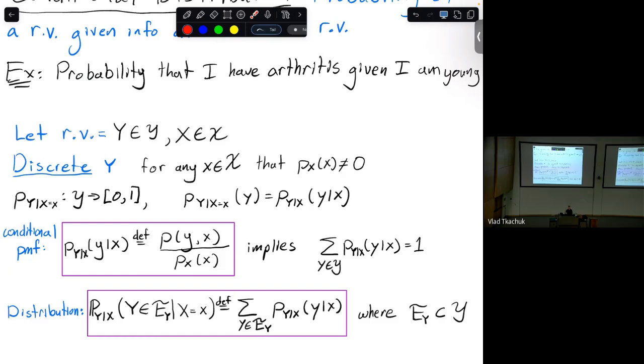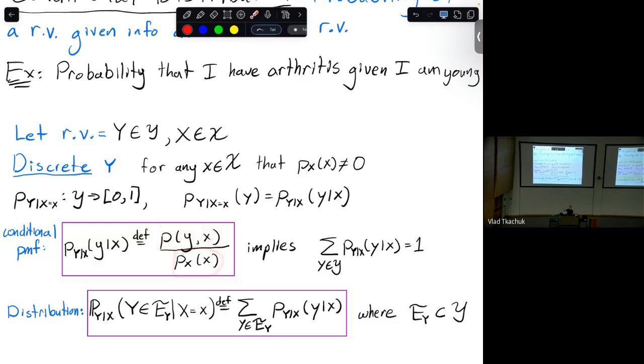And what is this conditional PMF or PDF? Well, it's going to be based on the joint, as we saw before. This is the definition: the probability of getting some outcome y conditioned on the outcome x is the probability of x and y happening divided by the probability that just x happened.